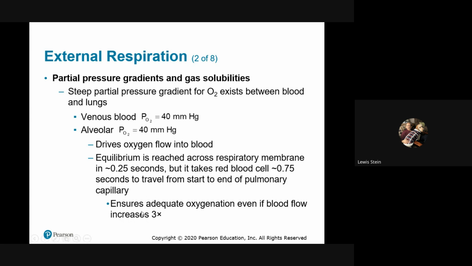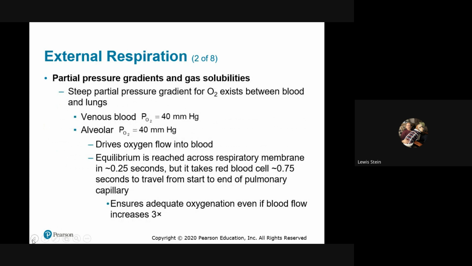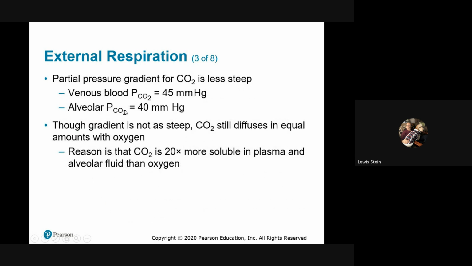Okay, moving on. But you have this wonderful backup capability where even if anything slows it down, you have ample time. And so now you can look at the CO2 difference and the oxygen difference that's there. They've got that number wrong, by the way, in the PowerPoint. You'll see they should have that clarified. It's not 40 to 40, or we wouldn't be moving at all, obviously. There's only a 5 millimeter of mercury difference.